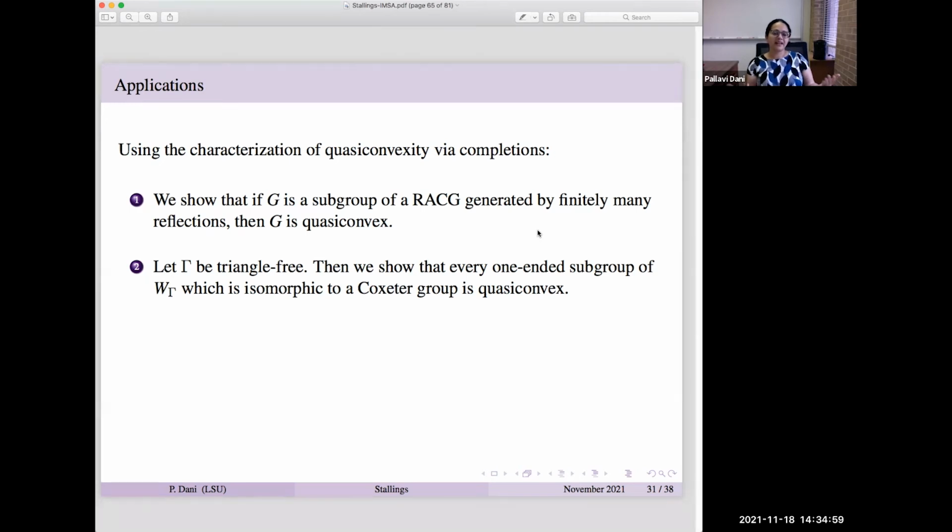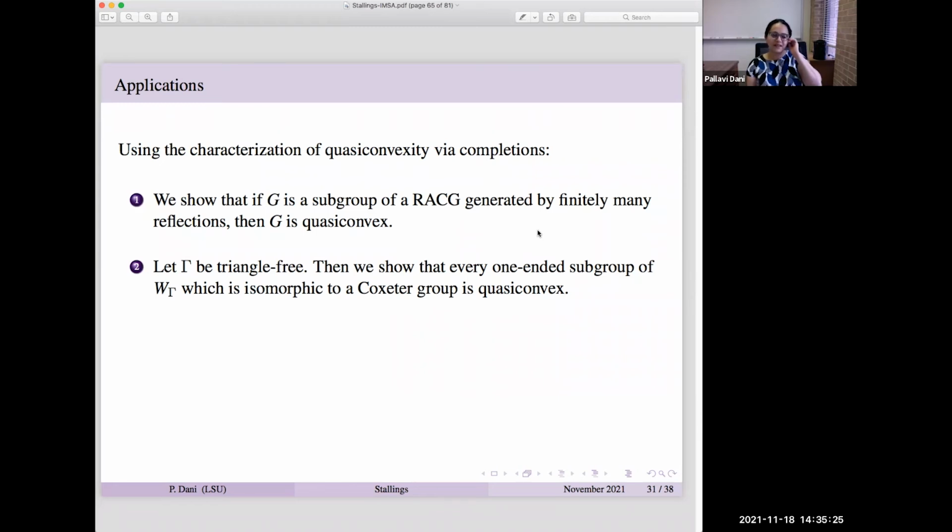So the idea is that using just the fact that it's finitely many reflections, or the fact that it's isomorphic to a Coxeter group, you can basically construct a finite completion, which shows that it's quasi-convex. And so you can use this to show that your favorite class of examples of subgroups are or are not quasi-convex.